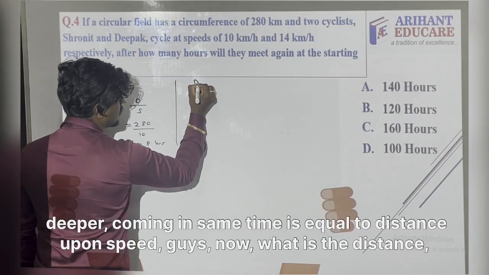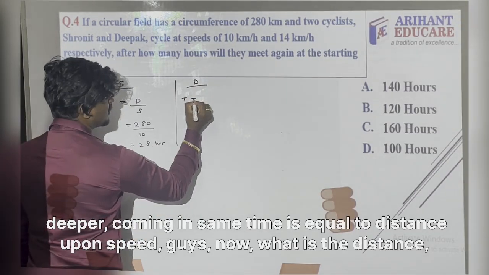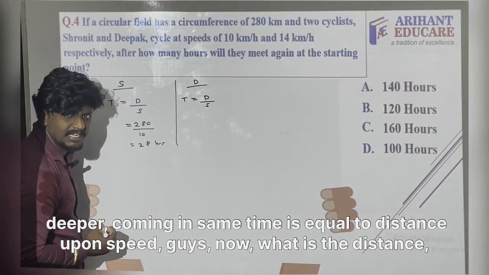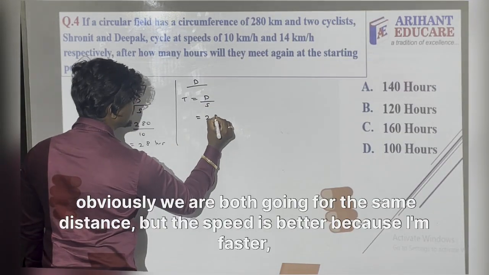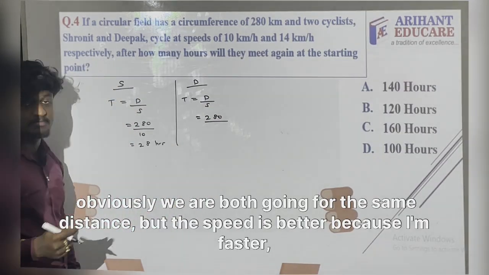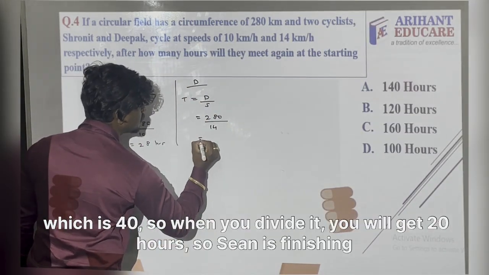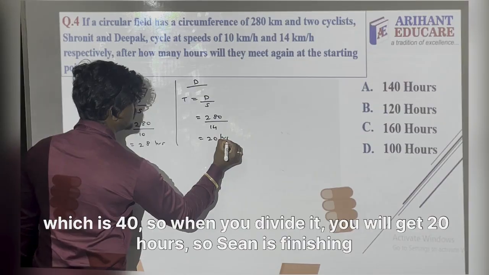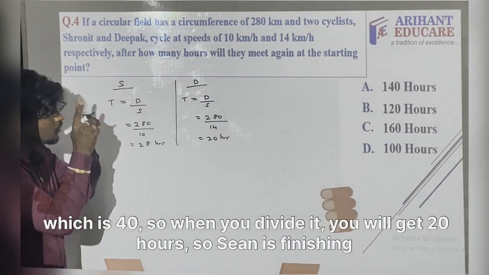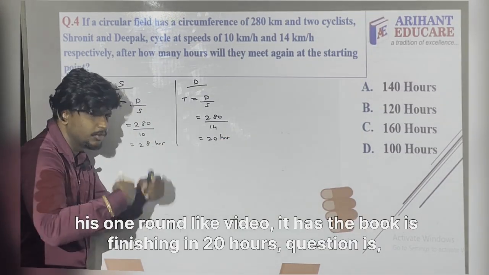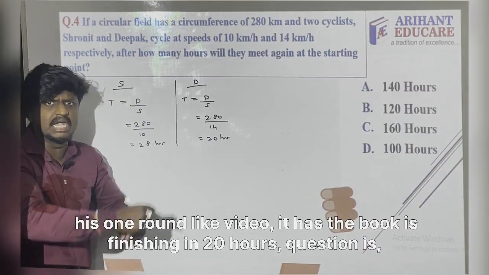Let's come to Deepak. Again the same, time is equal to distance upon speed, guys. Now, what is the distance? Obviously, we are both going for the same distance, but the speeds are different because I'm faster, which is 14. So when you divide it, you will get 20 hours. So Shonit is finishing his one round in 28 hours. Deepak is finishing in 20 hours.